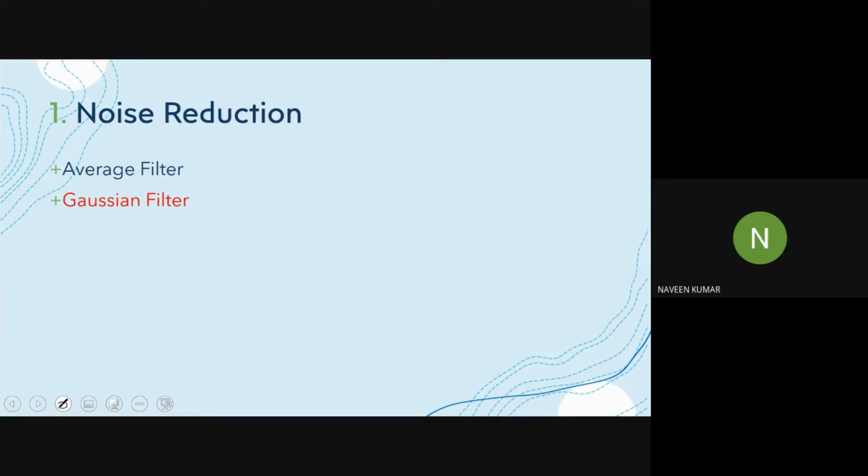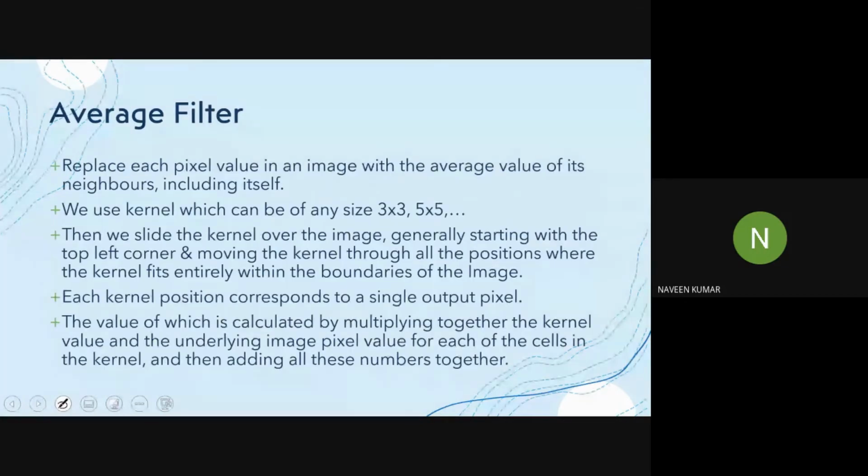The idea of average filtering is simply to replace each pixel value in an image with the average value of its neighbors, including itself. For this, we use a kernel which can be of any size: 3 by 3, 5 by 5, 7 by 7, 9 by 9. Then we slide the kernel over the image, generally starting from the top left corner and moving it through all the positions where the kernel fits entirely within the boundaries of the image.